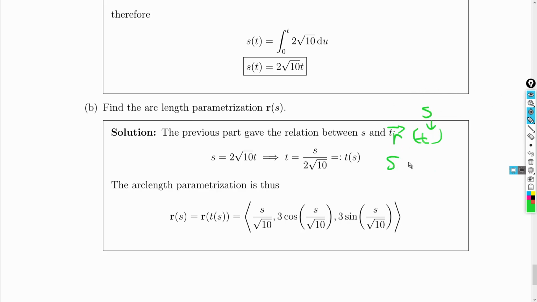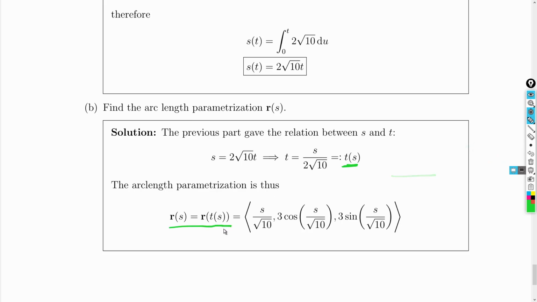How should I say? Given an arc length, I want to convert it to a time and then plug it into my vector function r of t. And that's what this is, the t of s function that we've just produced. So we compose. That's what we're doing.